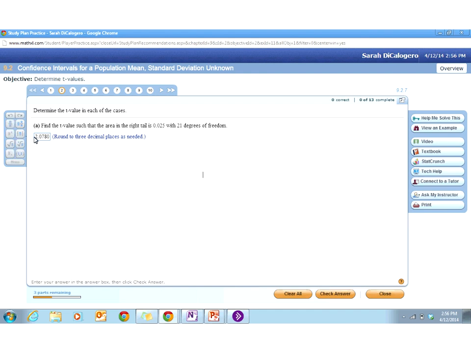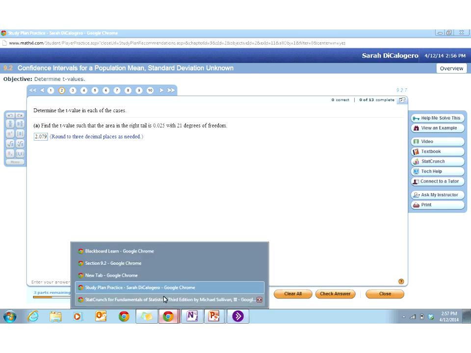Did not like my rounding. Let's try that again. That was 3 decimal places as needed. Right tail is 0.025 with 21 degrees of freedom.